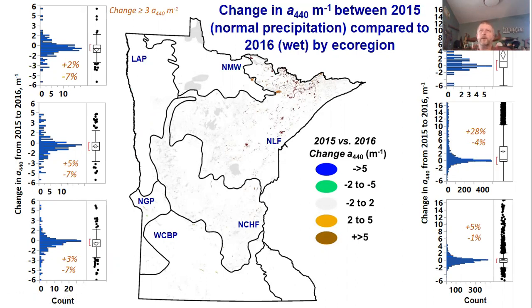I think we attributed that to more dilution because there's not as much organic carbon in the watershed, whereas in the northern lakes and forests, there's a huge increase, with 31 and 28% increases in these ecoregions, and 30% of the lakes increasing by greater than 3 A440.